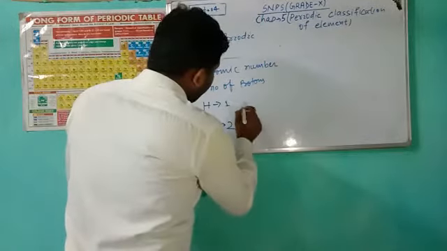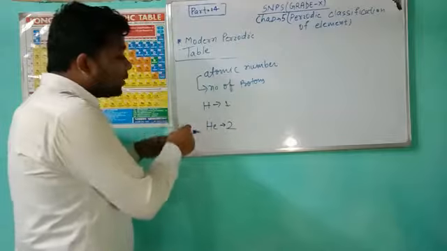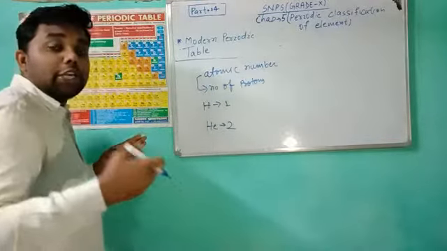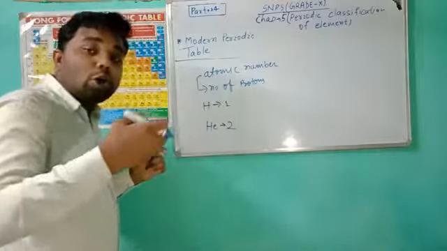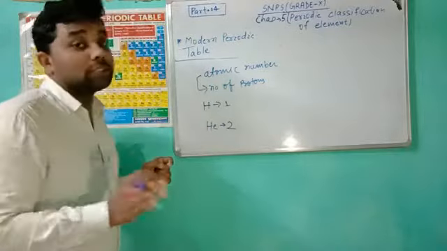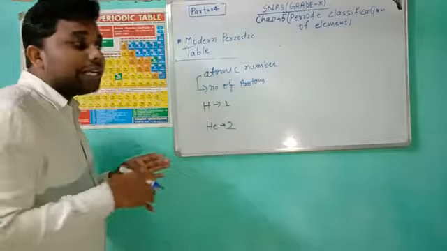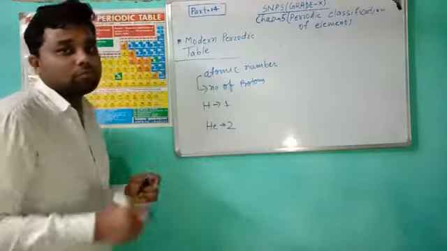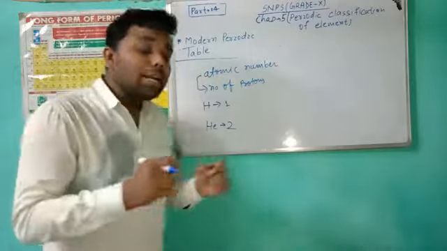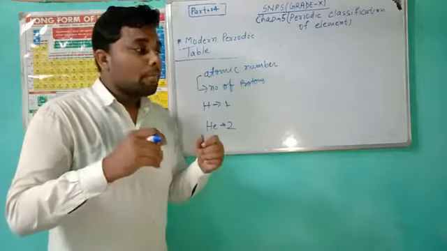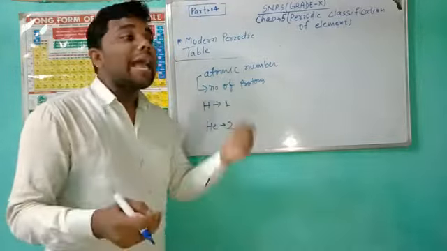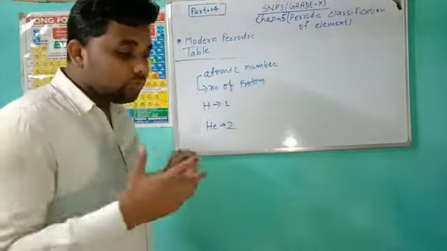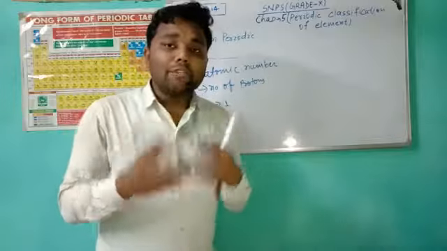So we can clearly see that when we arrange the elements in order of increasing atomic number, not atomic mass, it regularly increases from element to element by 1. The chemical properties mainly rely on the atomic number instead of atomic masses. So this is very convenient.